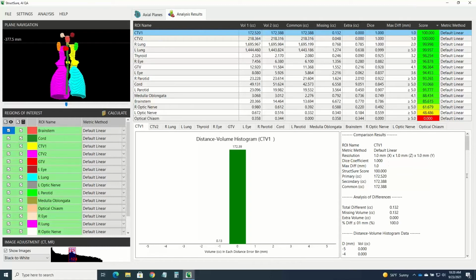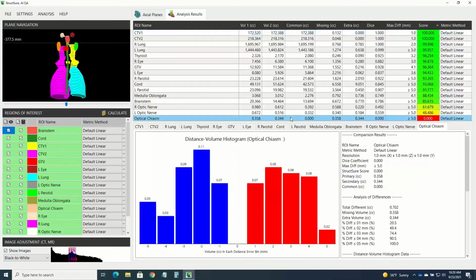But here, let's go to one that's maybe not so great. Here we go. So this one really missed, and you can see in this histogram that there were 0.07 millimeters away from the most common area, we had that much of an overlay, or extra, if you will, in the red or blue we missed.